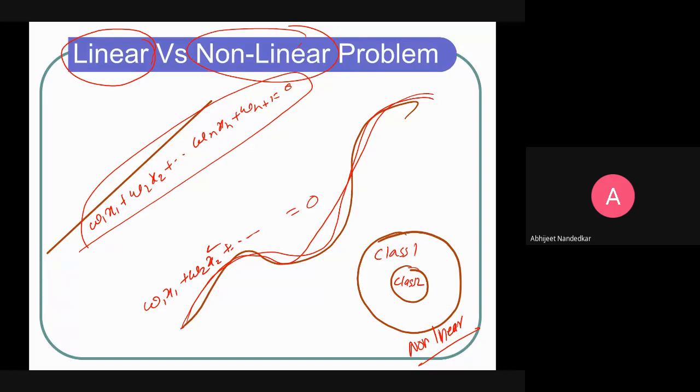So remember, when I say a perceptron, it can draw a line or a plane. It cannot draw this. So it can only solve a linear problem. But there is a trick to solve all such problems using, again, neurons. That we will see later.